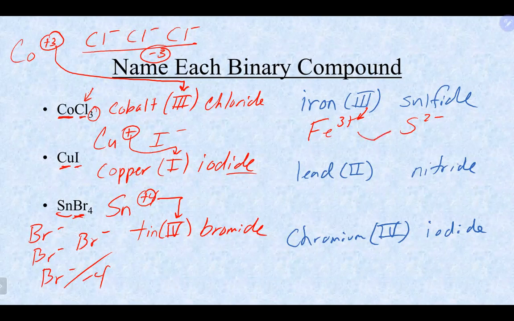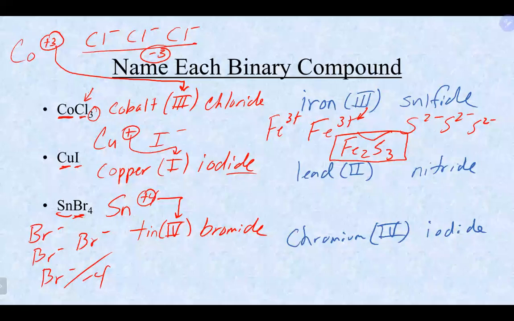So we want to put this together to equal 0, and the common number there is going to be 6. If we had 2 irons, that gives us +6, and we need 3 sulfides to get us to -6. That would be our proper formula. Any questions on that one?